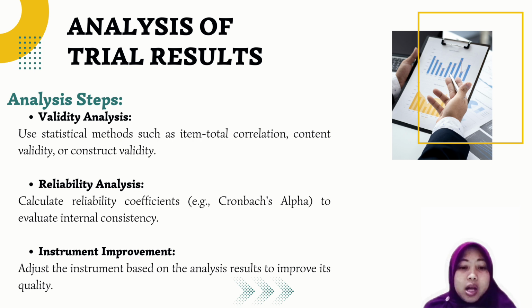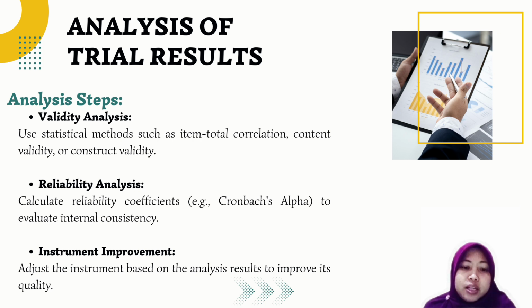For example, to see construct validity, we can compare the measurement results with the underlying theory or concept. In addition, reliability analysis is important to assess whether the instrument produces consistent results. For example, we can use the Cronbach alpha coefficient to see how consistent the items in the instrument are.